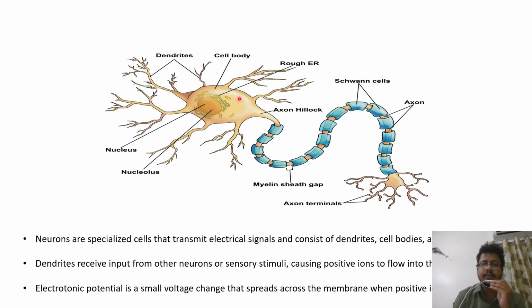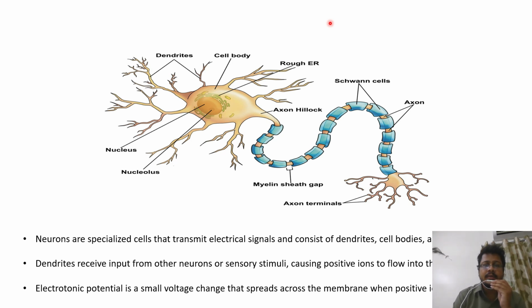If we proceed through this, imagine placing a small voltmeter near the axon hillock, the region where the cell body taps into the axon. At rest, the voltage is around minus 70 millivolts. After a stimulus, you might see a small upward bump in the voltage as positive charge spreads.